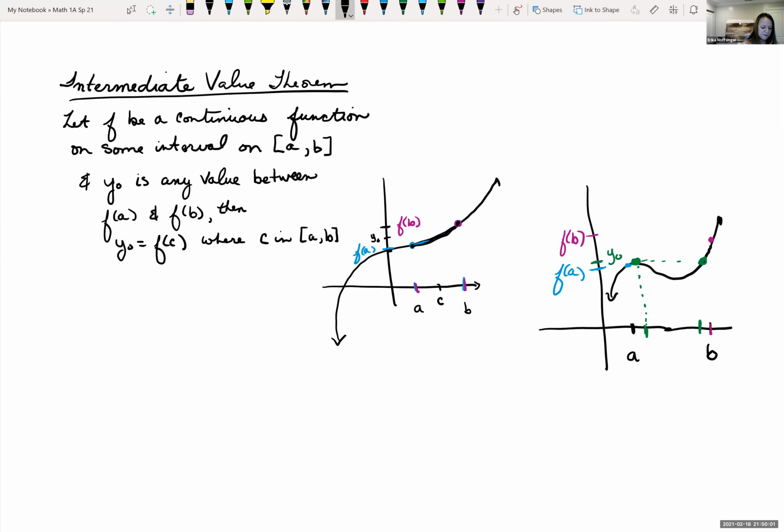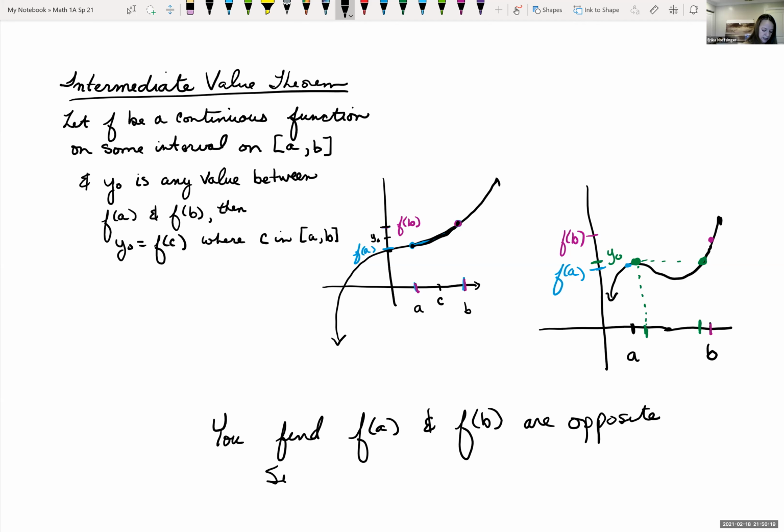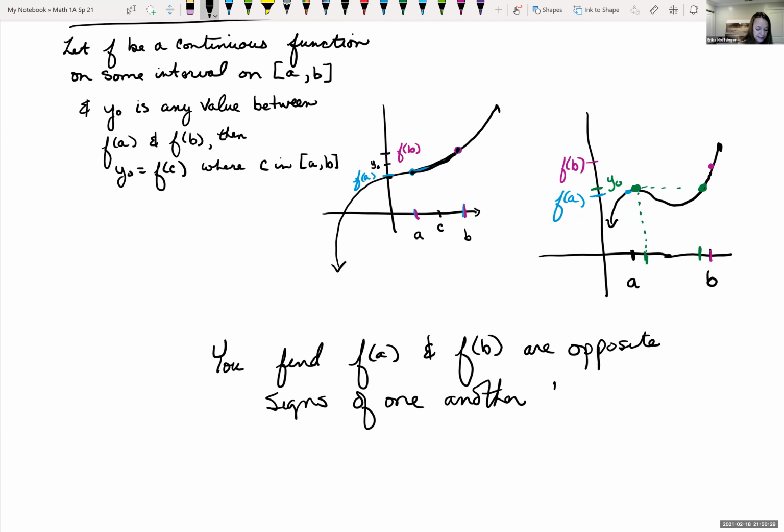So again, this is really helpful if we find your value f of a and f of b are opposite signs of one another, then we know there's at least one x-intercept between a and b.